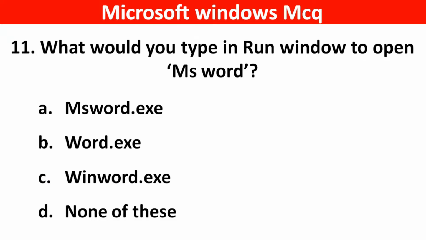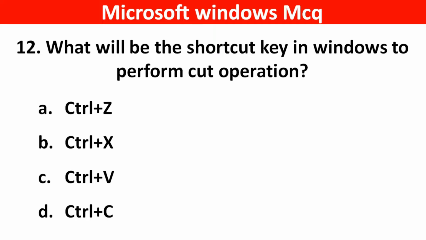Next question, what would you type in Run in Windows to open MS Word? Right answer is option C, winword.exe. Next question, what is the shortcut key in Windows to perform the cut operation?